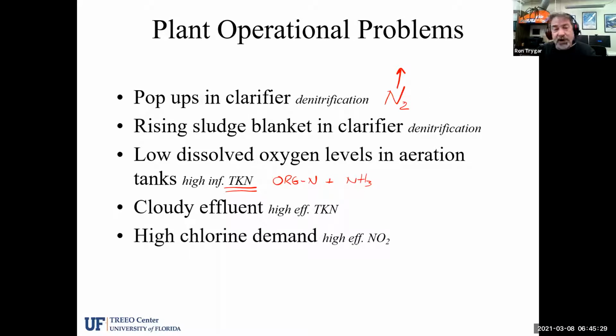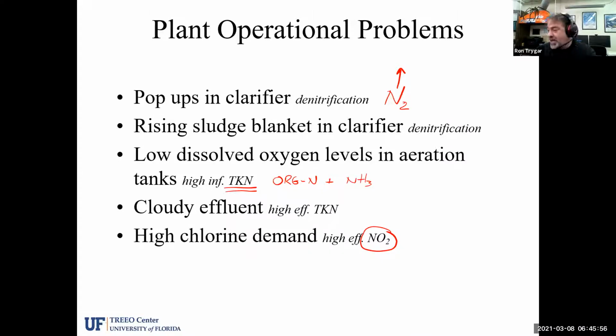Then if we have problems with things like untreated waste, or ammonia not fully oxidized all the way through the plant, then we could actually have something called an intermediate form of oxidized nitrogen. An intermediate form of oxidized nitrogen is found right here, which is called NO2, which is nitrate, or I'm sorry, nitrite.